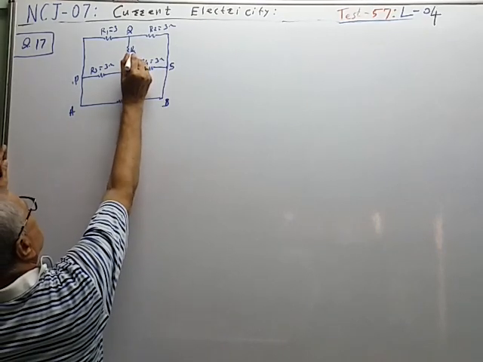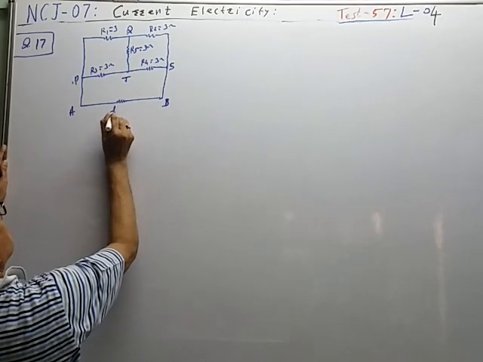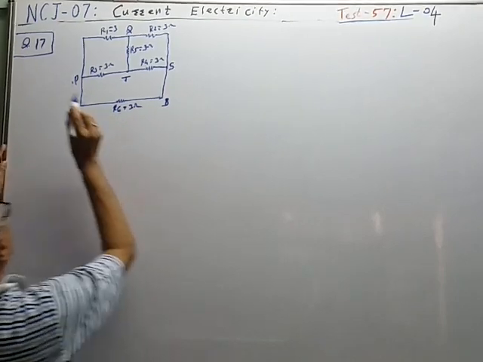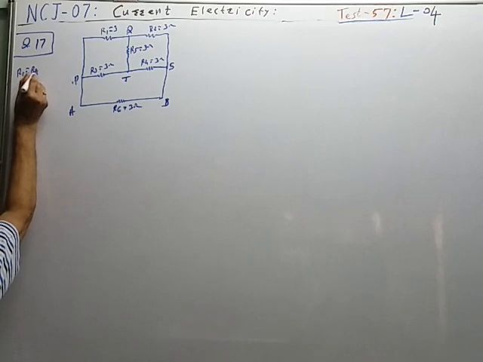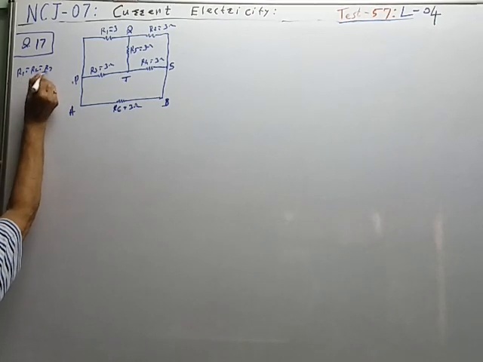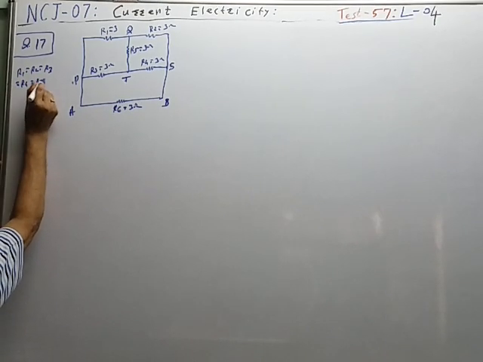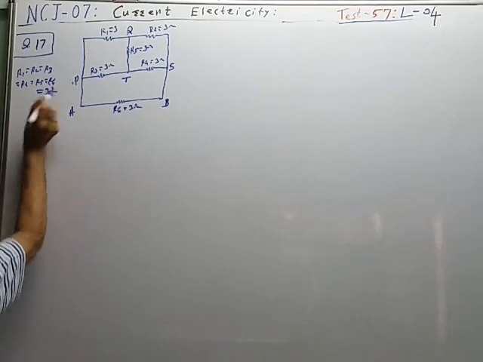This middle resistance R5 is equal to 3 ohm. And this one R6 is equal to 3 ohm. So given quantity is R1 is equal to R2 is equal to R3 is equal to R4 is equal to R5 is equal to R6 is equal to 3 ohm.